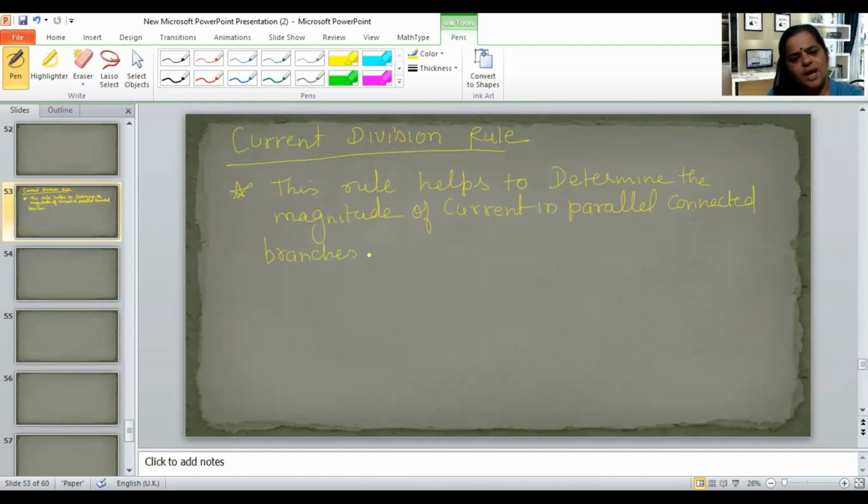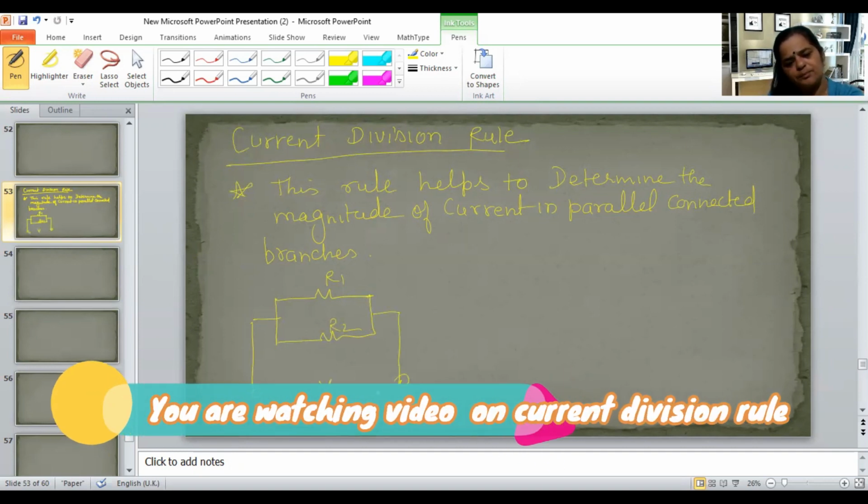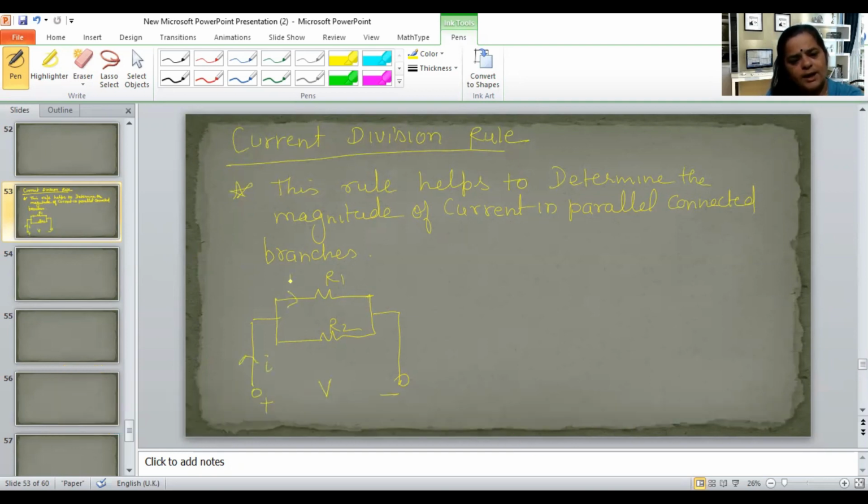For example, suppose there are two resistances, R1 and R2, connected in parallel and fed by a voltage source V. There is a total current I, and the currents in the individual parallel connected branches are I1 and I2.